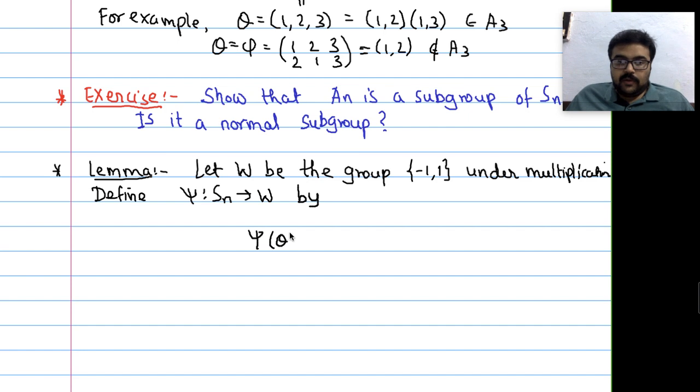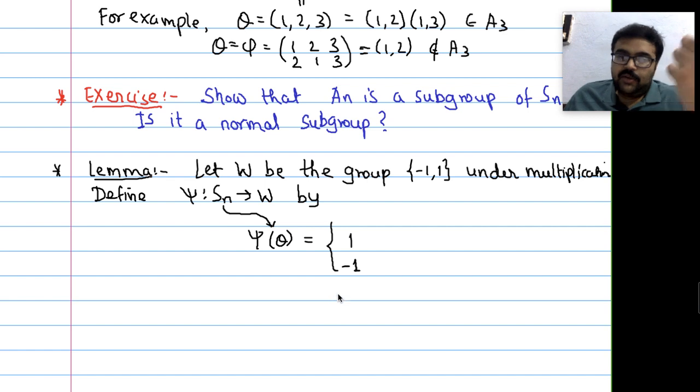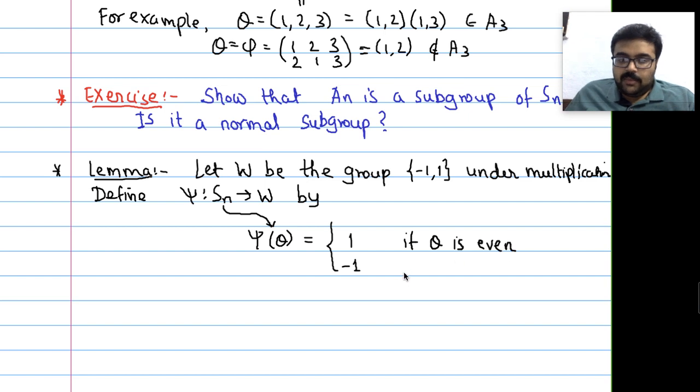Psi of theta, for any theta here, assumes one of these two values, 1 and minus 1. Where should we give 1? Where should we give 1? If theta is even. And minus 1 if theta is odd.